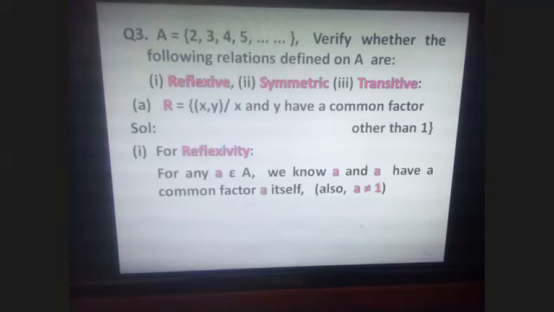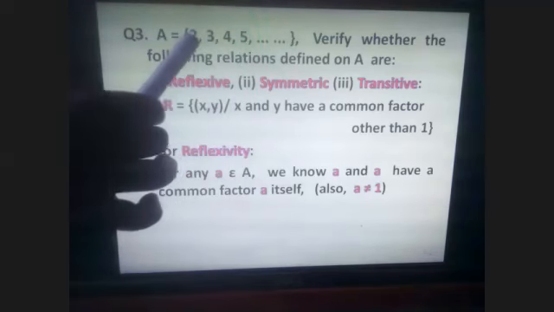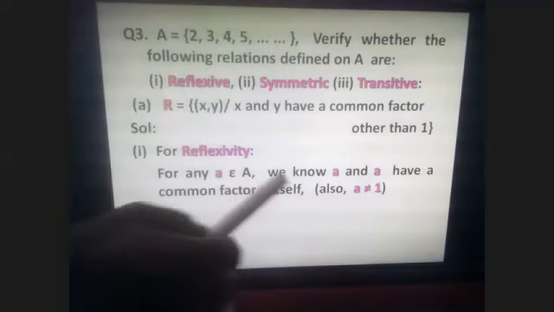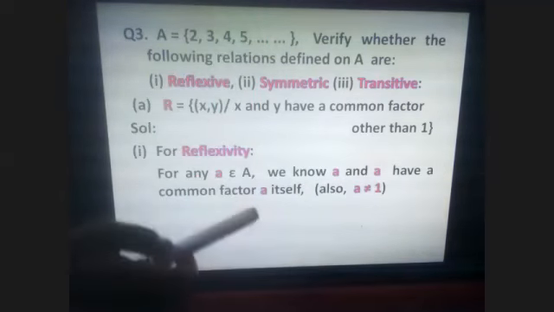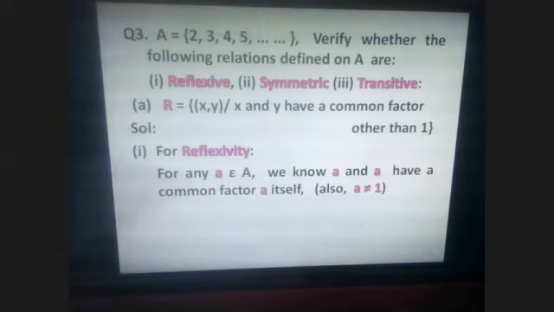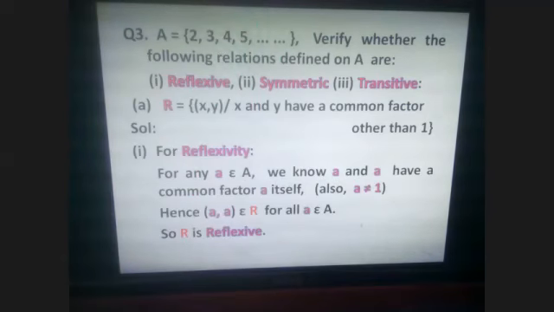So for reflexivity, for any a in A, A does not have 1 here. For any a in A, we know a and a have a common factor, a itself, and a is not equal to 1. And therefore, (a, a) is a member of R for all a. That is, R is reflexive. No doubt it is reflexive.